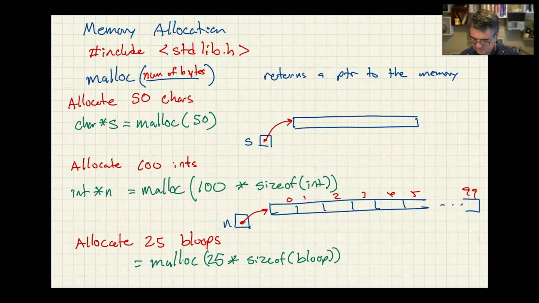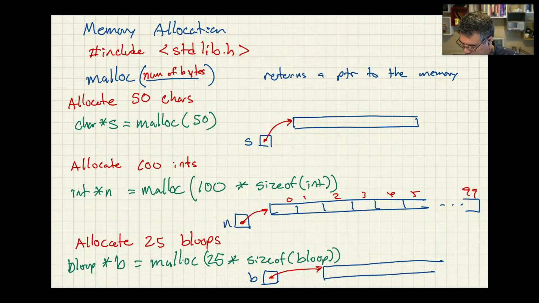And then what do I assign it to? Over here on the left side. A bloop pointer. Good. A bloop pointer. Let's call it B. So B will point to an array of 25 bloops. Like that.